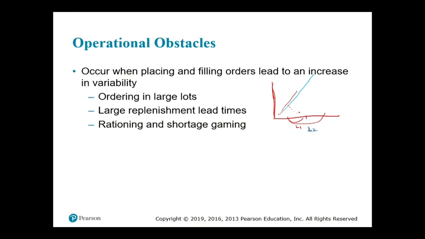And I briefly explained the issue of rationing and shortage gaming. This is what happens when we ration the orders based on the number of orders received. This leads companies to exaggerate how much they need and leads to misrepresentation of the actual demand.